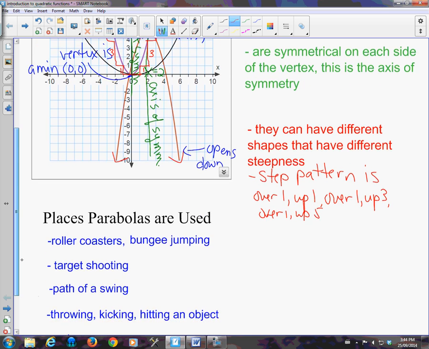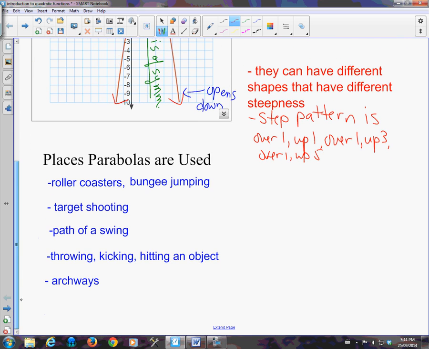Parabolas are used in the real world in many places. Roller coasters have U-shaped tracks. Bungee jumping, when you jump off a bridge, makes part of a U-shape. Target shooting, when you shoot, you have a very wide parabola. The path of a swing, you swing back and forth and make a wide U shape.